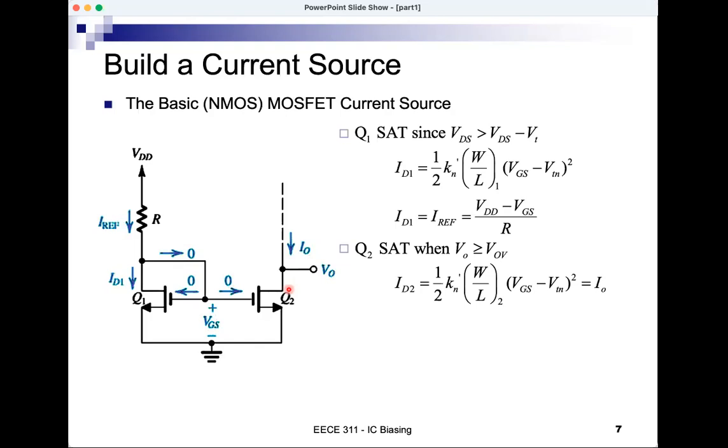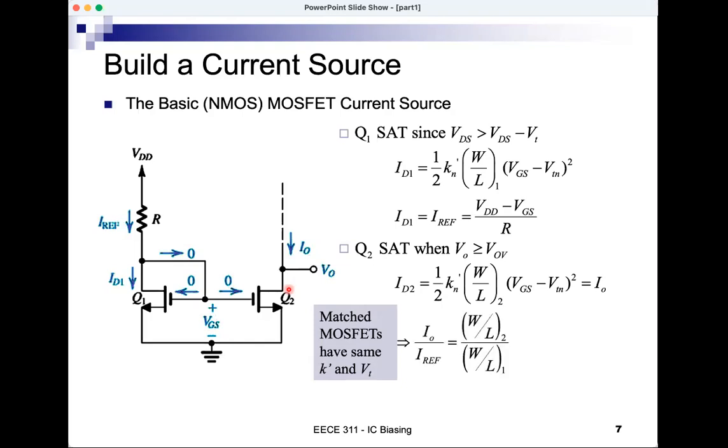And now, if I use MOSFETs that are matched in their K prime and VT, if they have the same K prime and VT, and I take the ratio ID2 over ID1, I will get IO over IREF.